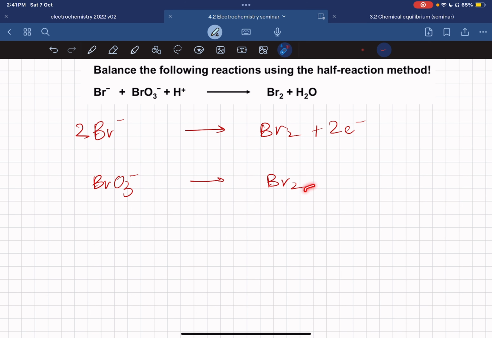Now, let's look at this part. Again, we see there are 2 Br's here, so we do the same thing and add 2 Br's here. Now, we have balanced the Br's. But then there are O's as well. There's O3, and now since we've added 2, it's going to be 2 times 3, which will be 6 O's, which you have to balance out. Balancing oxygen is a little bit different and a little bit hard.